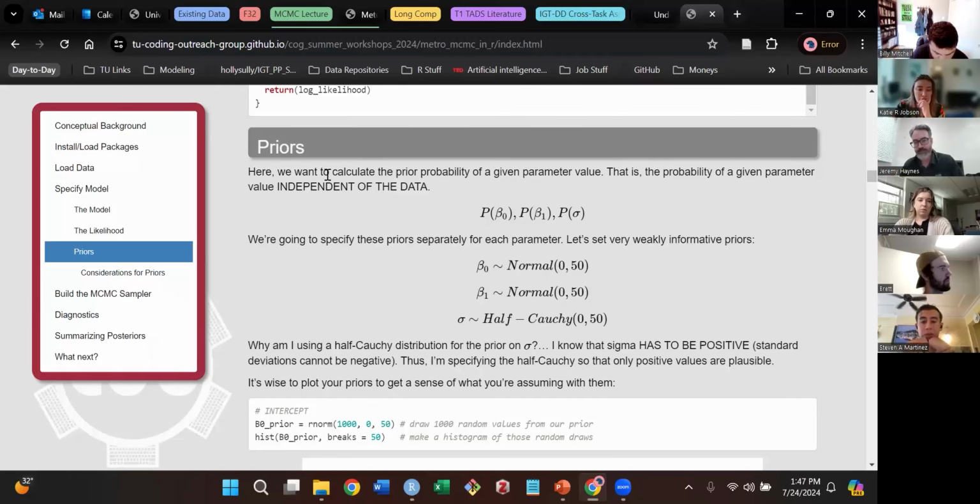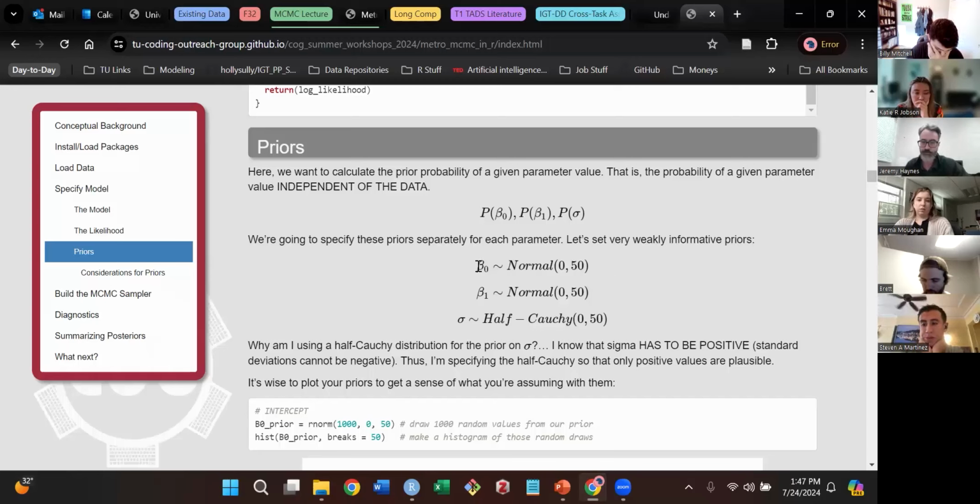Here I'm setting very weakly informative priors. I'll talk about this very briefly in a little bit, but the degree to which your prior is informative or not does depend on the scaling of your data. I'm going to avoid that issue at the moment, but that is something to keep in mind. For these data, the priors I've set are very weakly informative.